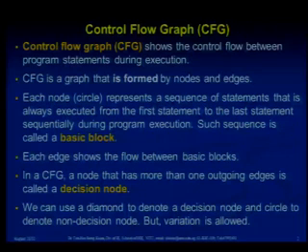What does each node represent? We have already seen the structure of a control flow graph, and inside there are a lot of nodes. A node in a control flow graph represents a basic block. Now what is a basic block?